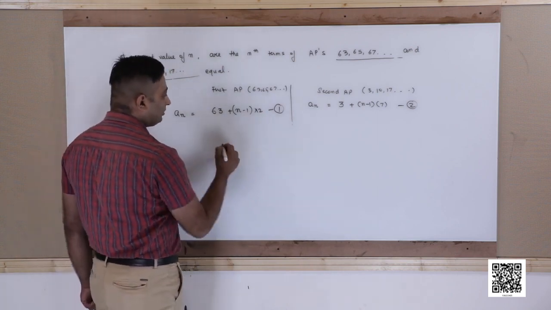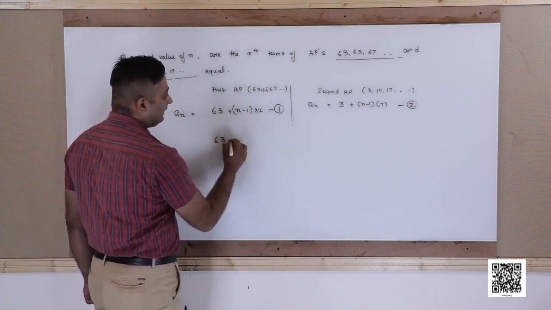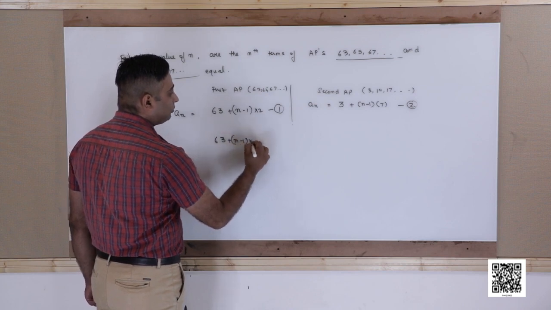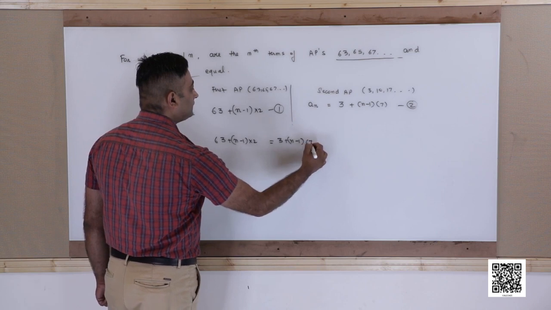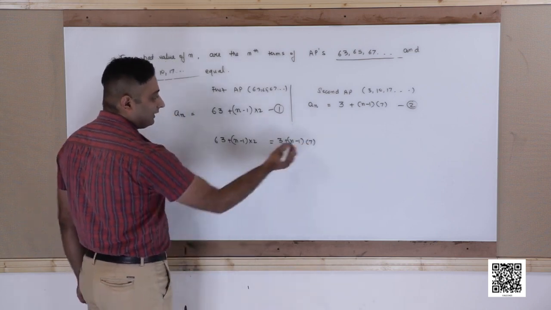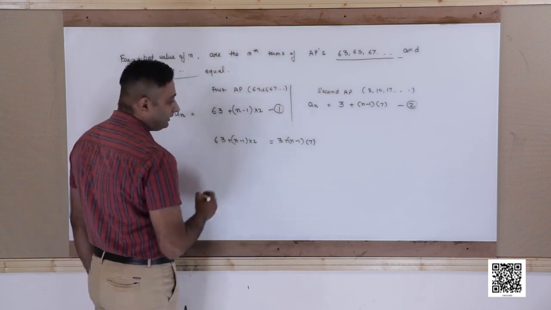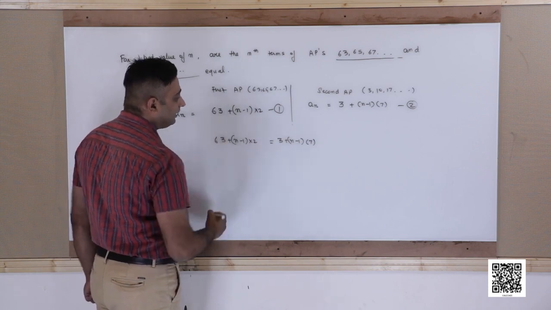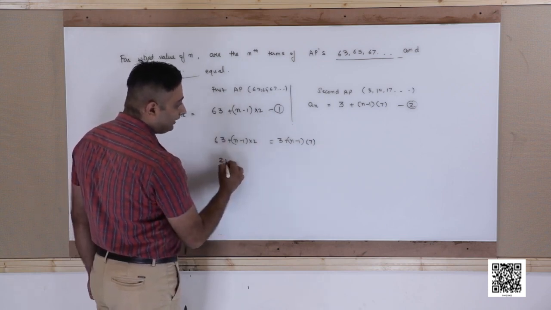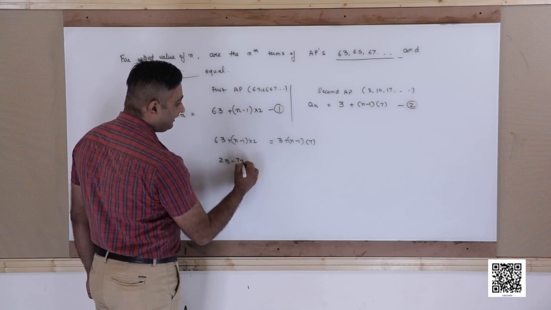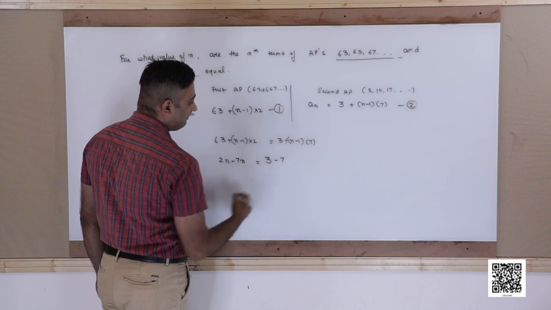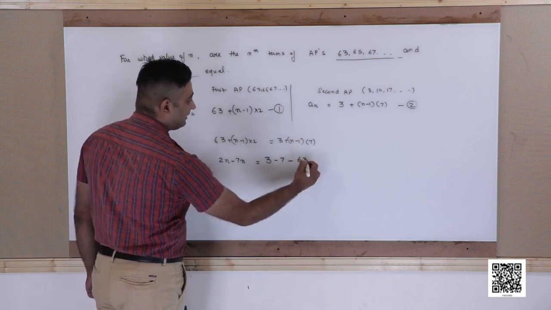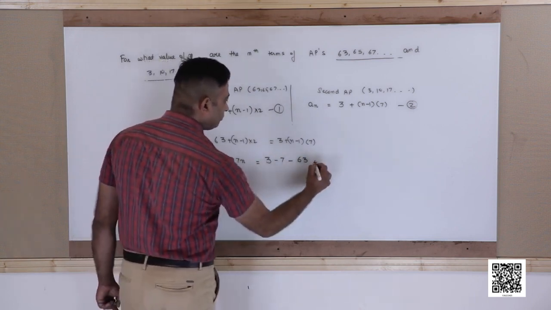So equating 1 and 2, that means 63 plus n minus 1 into 2 is equal to 3 plus n minus 1 into 7. That means let us take n on the left side and the constant terms on the right. So we will get 2n minus 7n is equal to 3 minus 7 minus 63 plus 2.